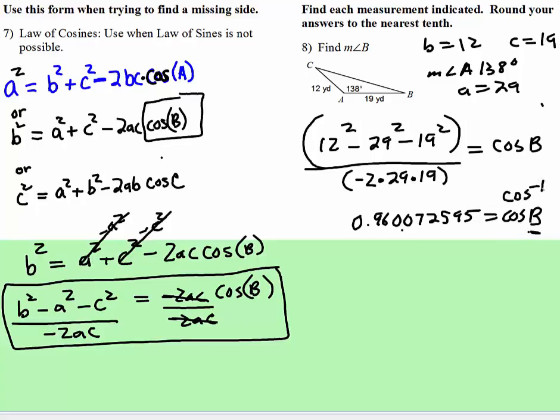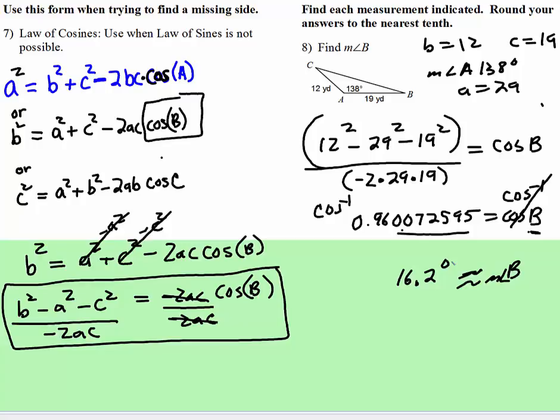So I hit second cosine, second store, and up pops this number. I hit enter twice, and the measure of angle B is about 16.2 degrees, rounded to the nearest tenth.